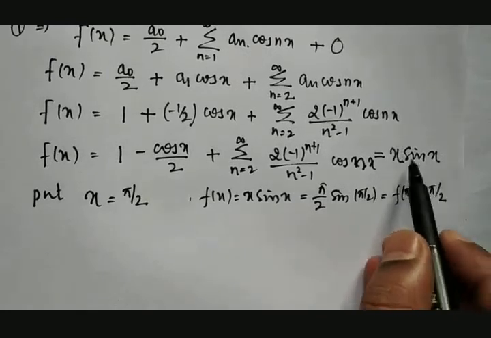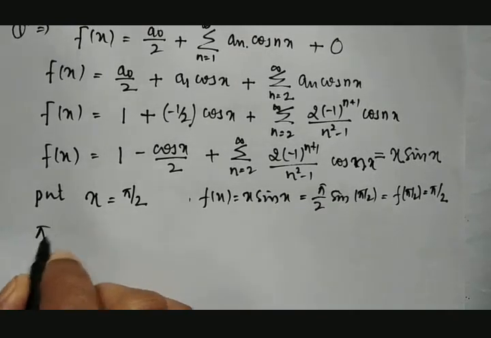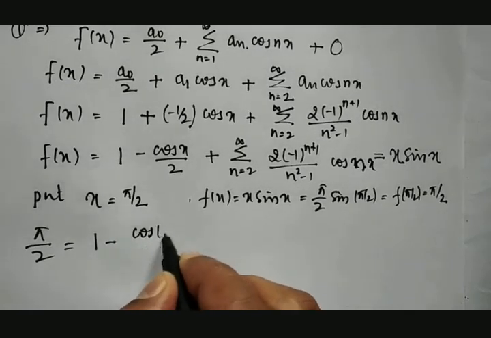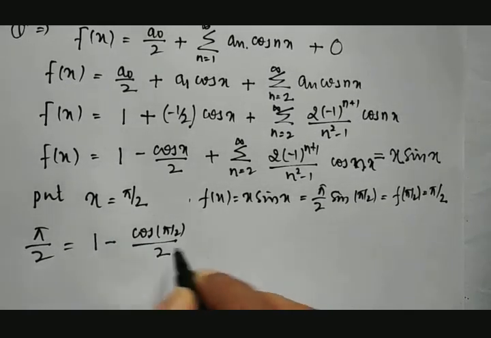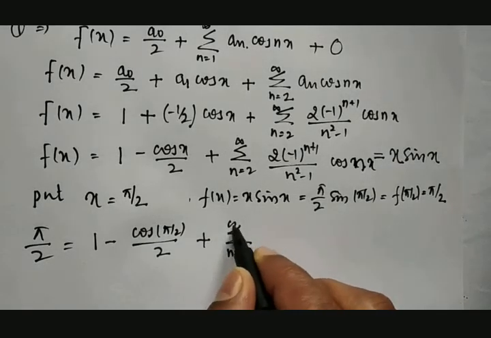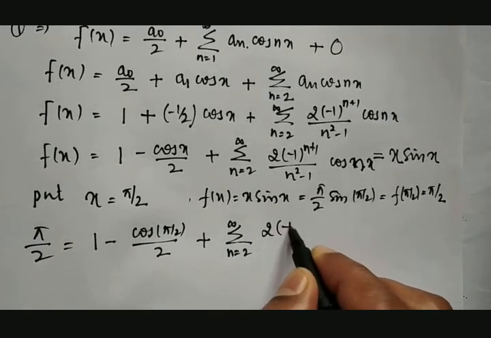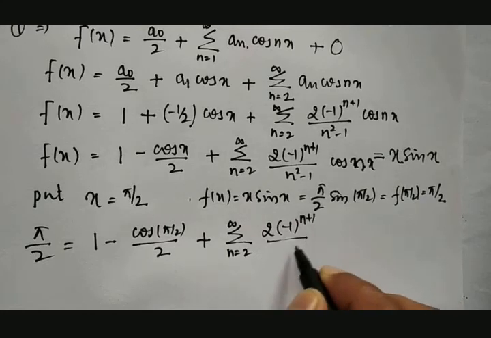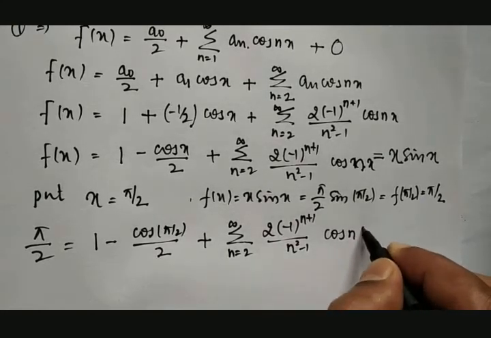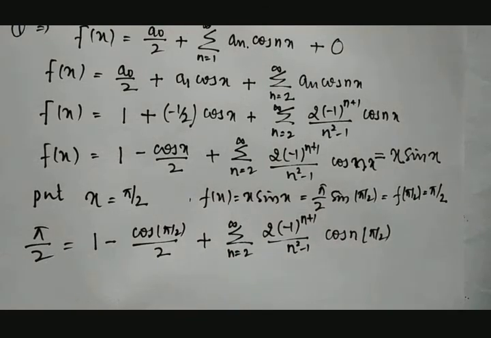Therefore, this value pi by 2 is equal to 1 minus cos pi by 2 divided by 2 plus summation from n equal to 2 to infinity of 2 into minus 1 raised to n plus 1 divided by n square minus 1 into cos n pi by 2.